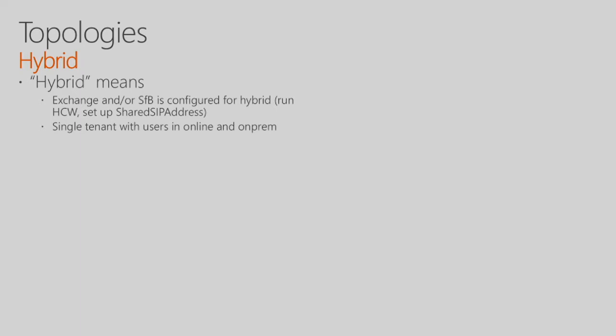But practically speaking, for Exchange, what it means is, did you run the hybrid configuration wizard, okay? For SFB, it means, have you turned on shared SIP address, okay? And there are other things you have to do to set up hybrid. But if you set up that hybrid configuration, that means you're in hybrid, okay?